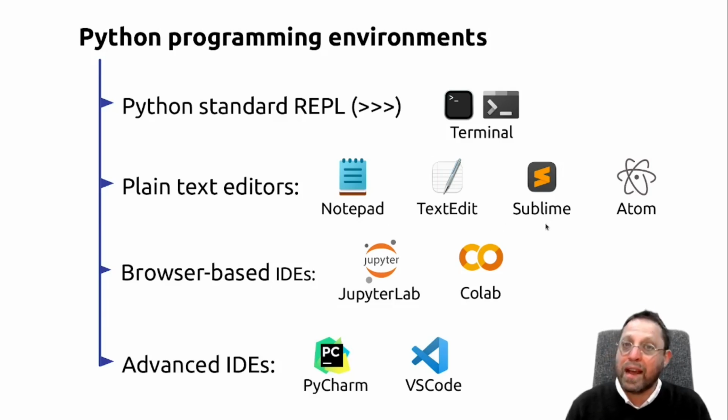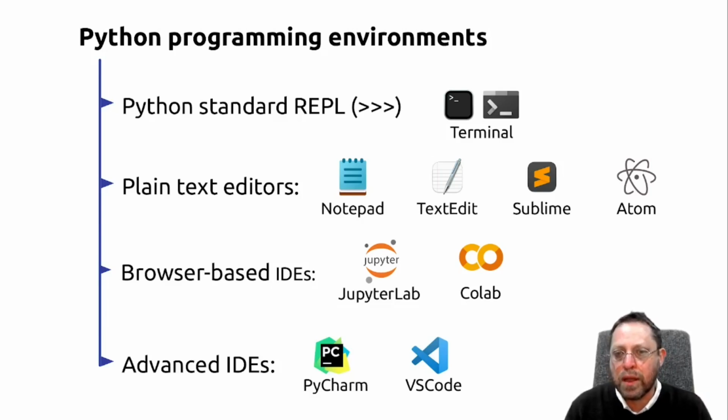There are some advanced text editors like Sublime or Atom that you can install a Python plugin into, and it gives it some additional functionality like highlighting keywords and so forth. Then there are also browser-based IDEs.